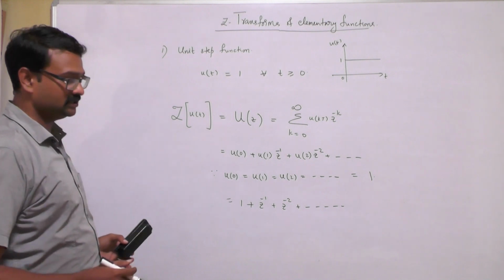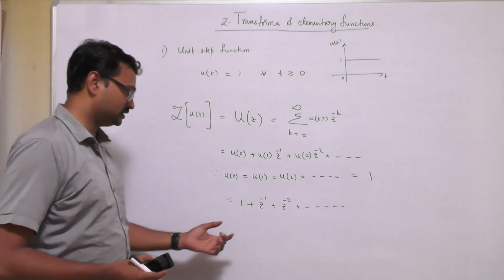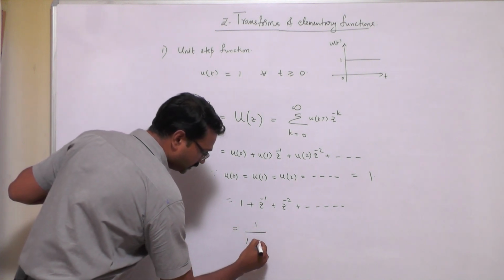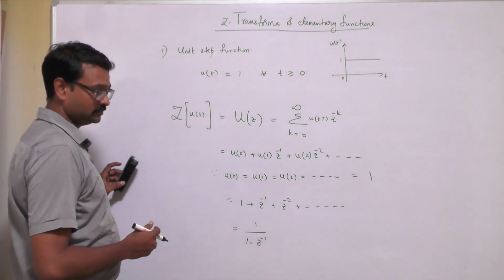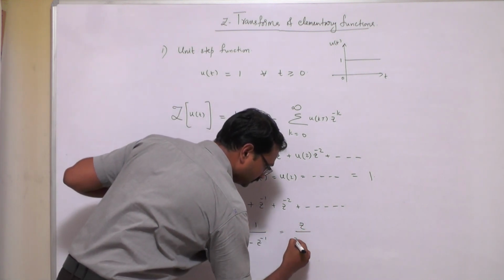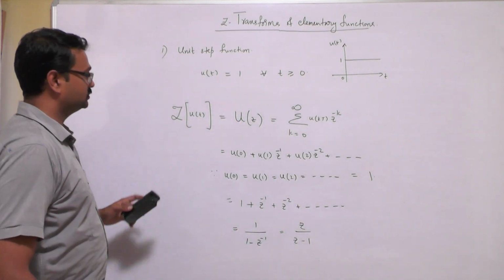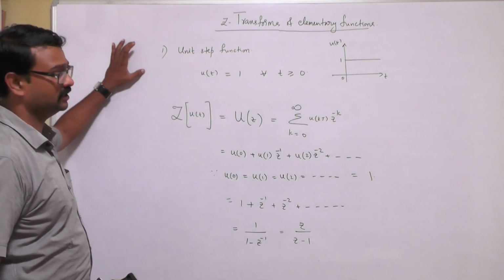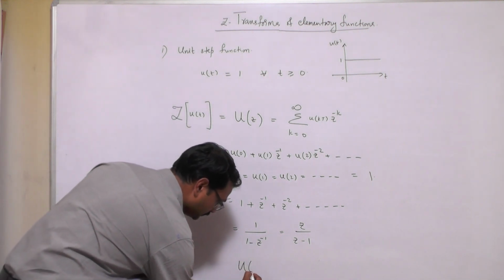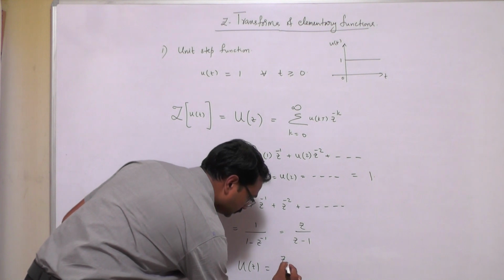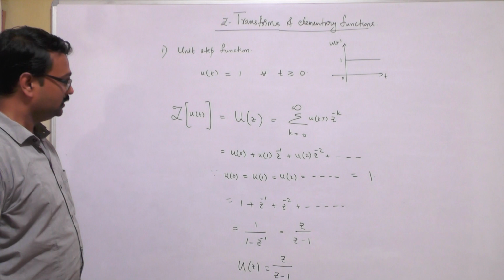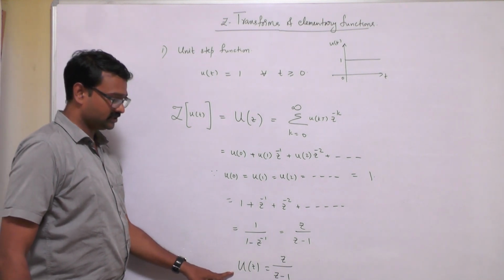Now if you combine all these terms and sum this entire series, you will get 1 by 1 minus z power minus 1, and this can be represented as z by z minus 1. So what is the z transform of the unit step function? You will have U of z equal to z by z minus 1. This is your z transform of the unit step function.